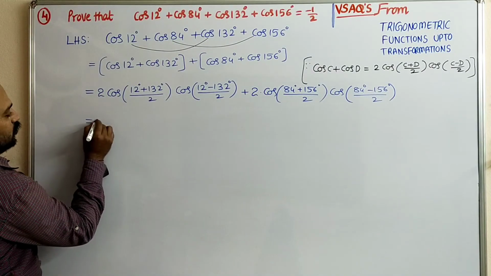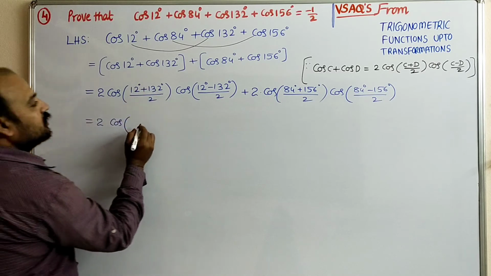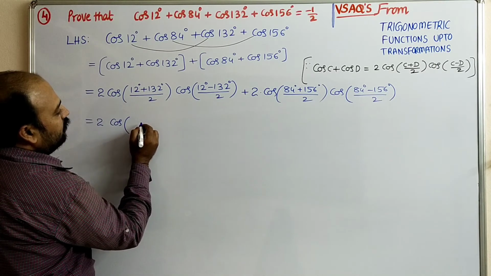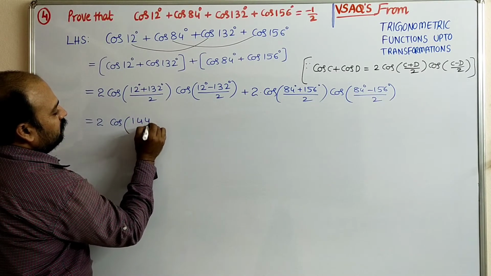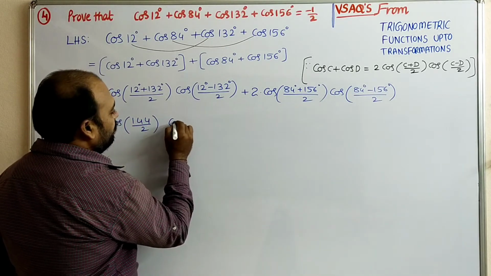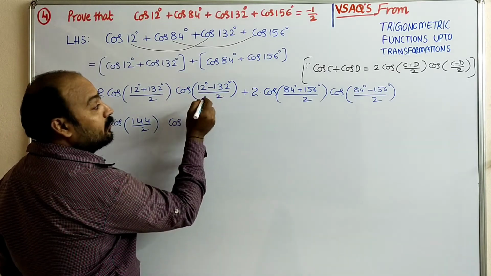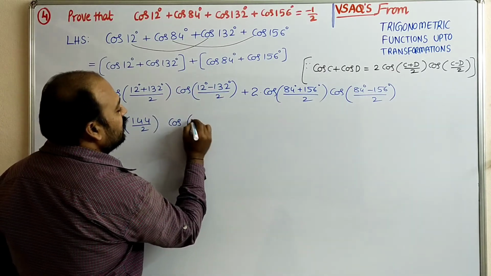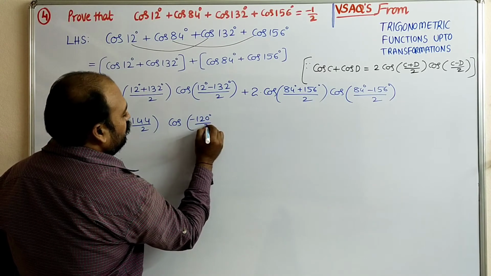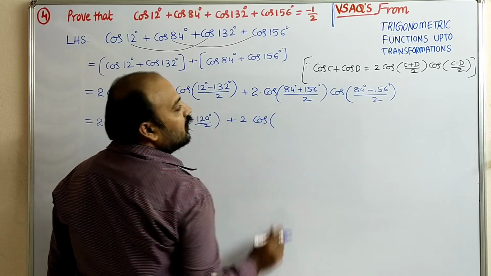So which is equal to 2 into cos of 144 divided by 2, cos of minus 120 by 2. Cos of minus theta is cos theta.